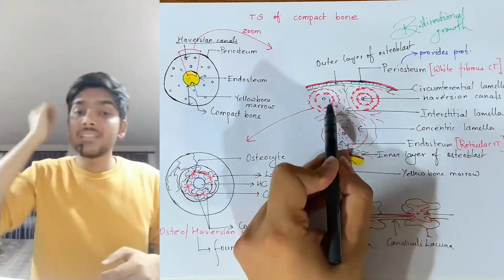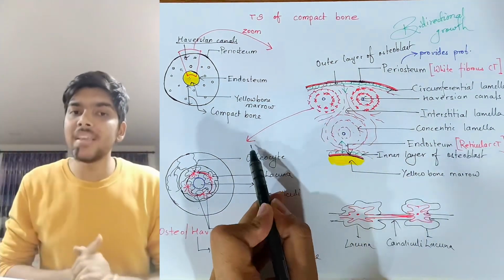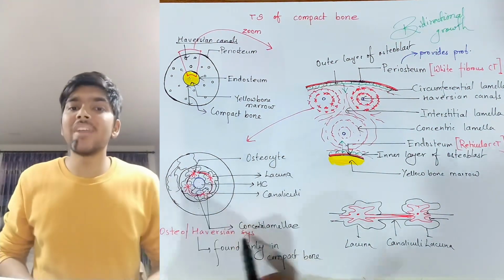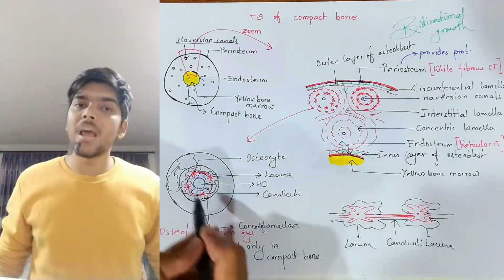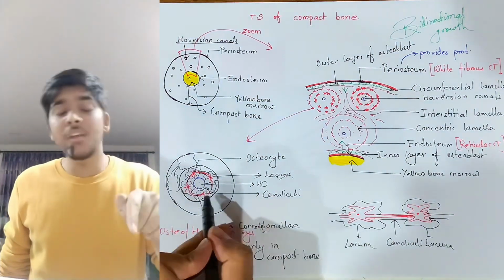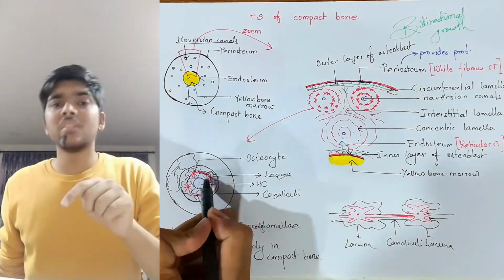Encircling these haversian canals are concentric rings of osteocytes. Upon looking at it carefully, we find that the haversian canal is indeed encircled by concentric lamella. Inside each concentric lamella, there are irregular empty spaces known as lacuna, which are connected to one another with the help of canaliculi. Inside this lacuna, there is osteocyte, and one osteocyte is connected with another osteocyte with the help of protoplasm.